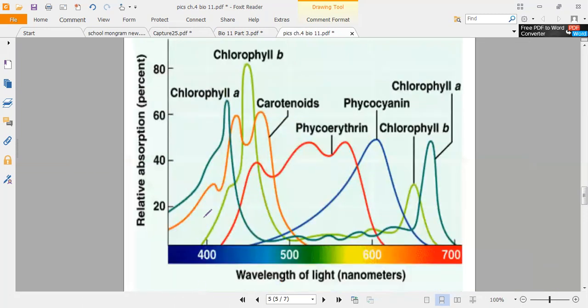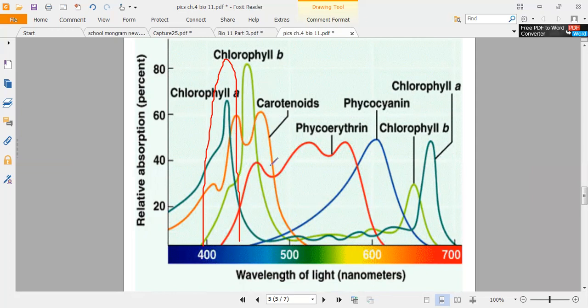Chlorophyll A, for this type of wavelength, violet to blue, that is 400 nanometer to 470 nanometer, is absorbed by chlorophyll A and chlorophyll B. You can see the green color is absorbed the least, and carotenoids absorb this type of wavelength, in this range.